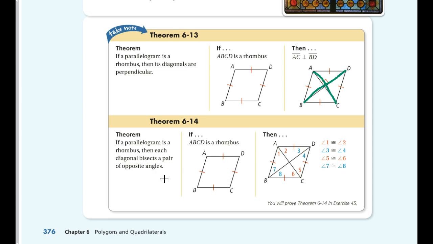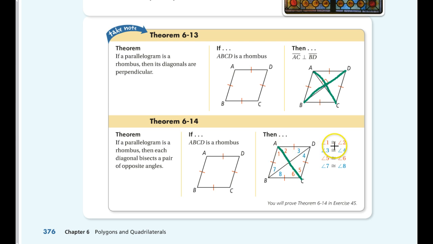The other thing you can conclude if you determine that this is a rhombus is that each diagonal bisects a pair of opposite angles. So if you look at AC, that diagonal is going to bisect angle BAD, and it's also going to bisect angle BCD, so that the two angles it bisects into will be congruent with each other.